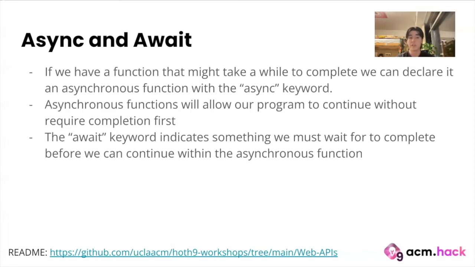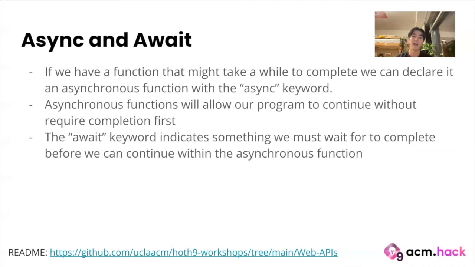In asynchronous functions, it's usually paired with another keyword called await, which is what we saw earlier. The await keyword indicates what within our asynchronous function we are waiting for to complete before we can continue. So if we're doing a GET request inside of our asynchronous function, it might be waiting for the fetch request to complete.